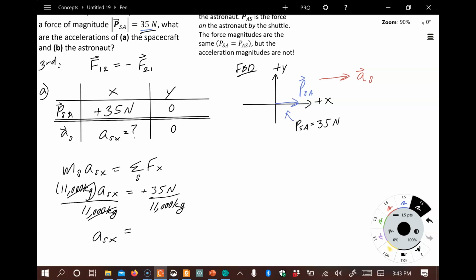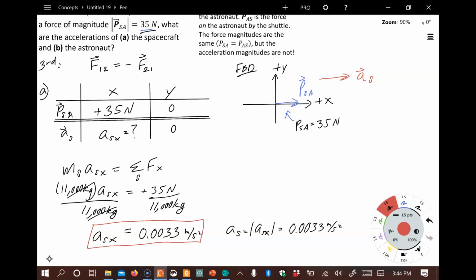Plugging this into the calculator, we end up getting a small acceleration of 0.003 meters per second squared of the space shuttle in the x direction, right? If you want the magnitude of that, of course, since it's just in the x direction, the magnitude is just the absolute value of that component, and that's going to be equal to the same thing in this case, right?